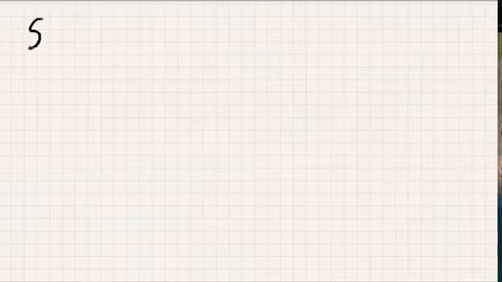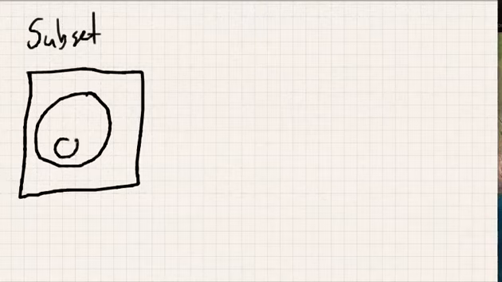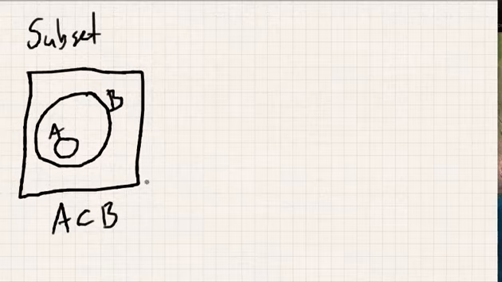Similarly, I can do subsets. If I want to say that A is a subset of B, I will draw A inside of B. So here's A, here's B, and this means that A is a subset of B. Great.